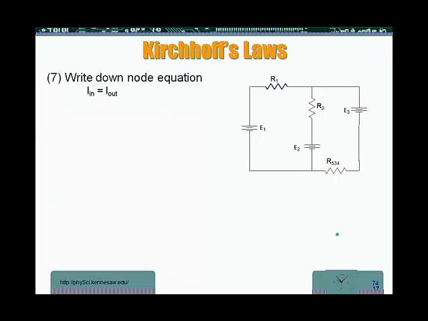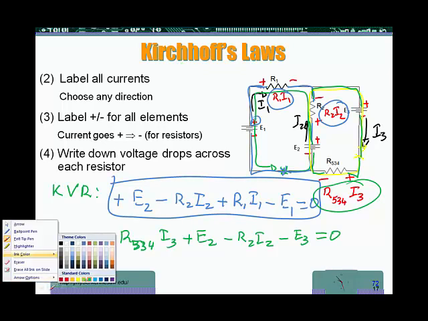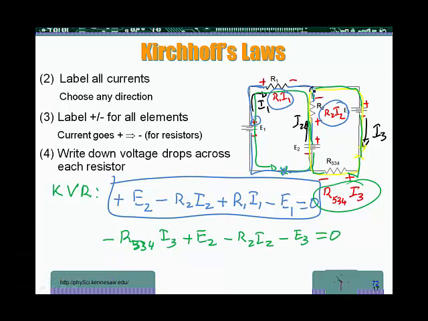The next step is to write down the node equation or junction equation. Sum of all incoming currents is equal to the sum of all outgoing currents. I'm going back to the circuit again. Notice here, so we need to look for places where we are going to have different currents. Okay, for example, here at this junction, we have I1 coming in this way.